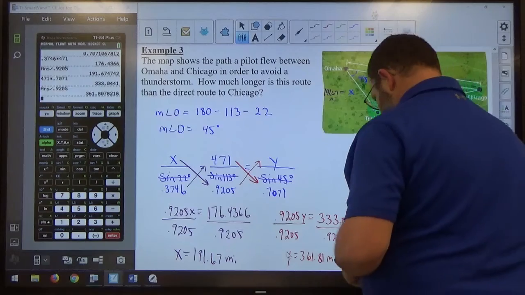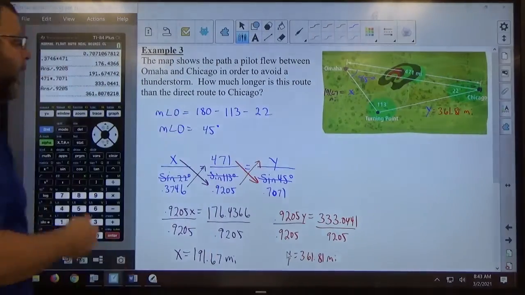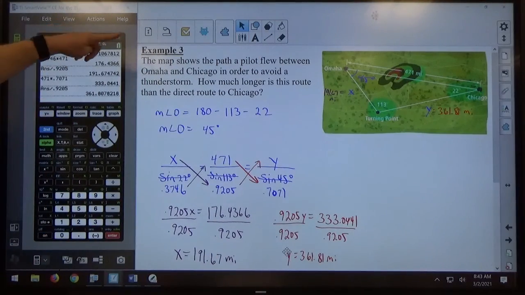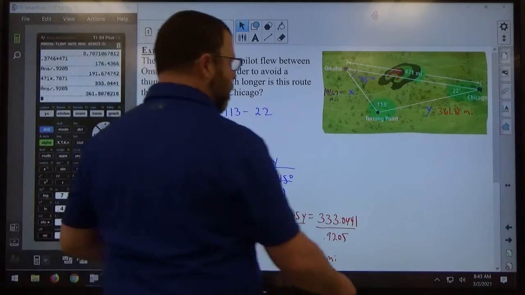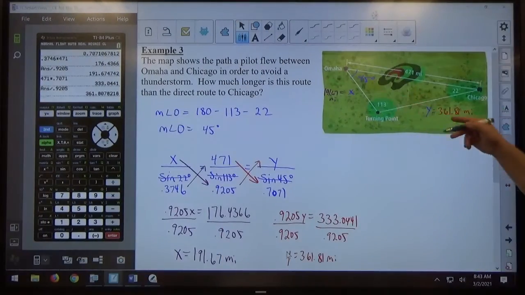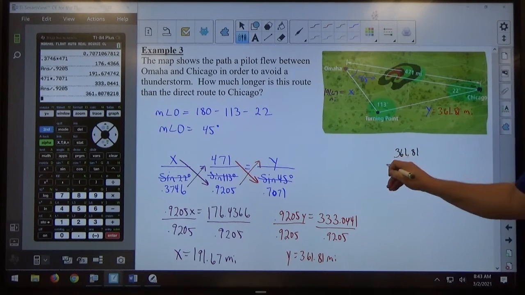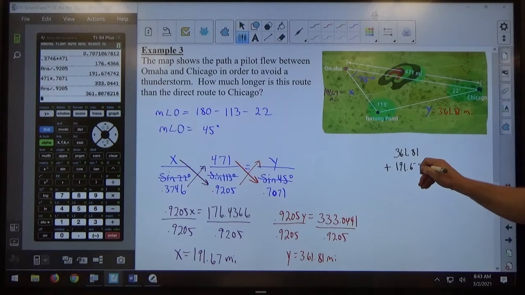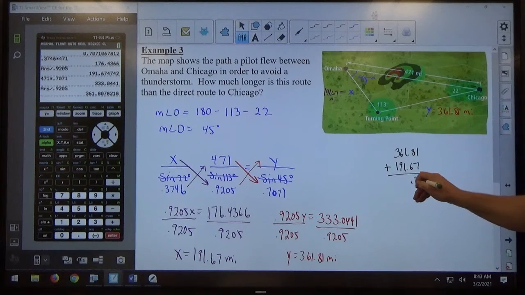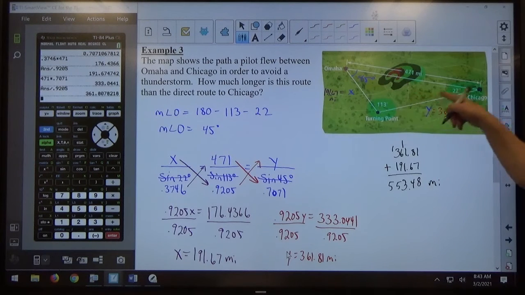So again, getting back to the original question, how much farther is it going from Omaha to turning point to Chicago than it is to go straight to Chicago? If I add up these two distances, 361.81 plus 191.67, that's 553.48 miles, the total distance traveled this way.